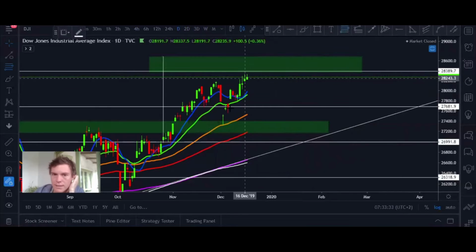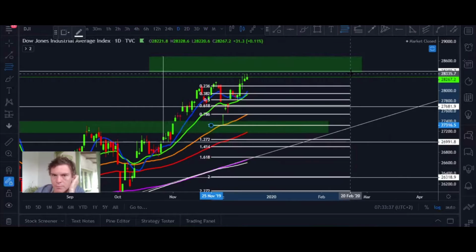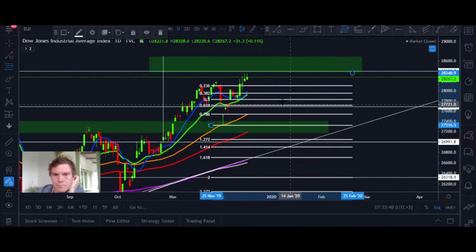Perhaps, let's get our Fibonacci tool in here, a retest of about 27,935, maybe even lower than that. The perfect setup would be around this green zone right here, but it does look like it won't push that low.